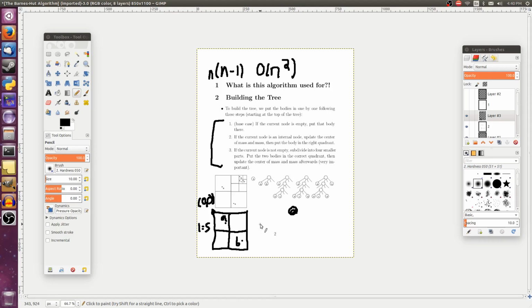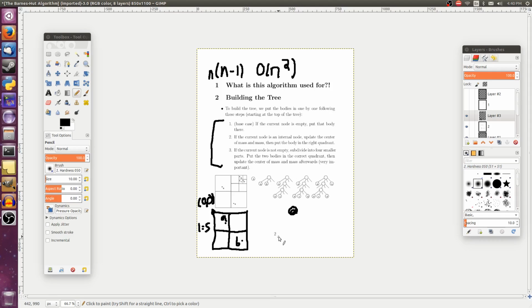But if the current node is an internal node, this node that we were talking about earlier, it's going to record 0, 0, the absolute location, and the length of the square. It's also going to contain the 4 children right here, because like I said before, it's going to be a quad tree.